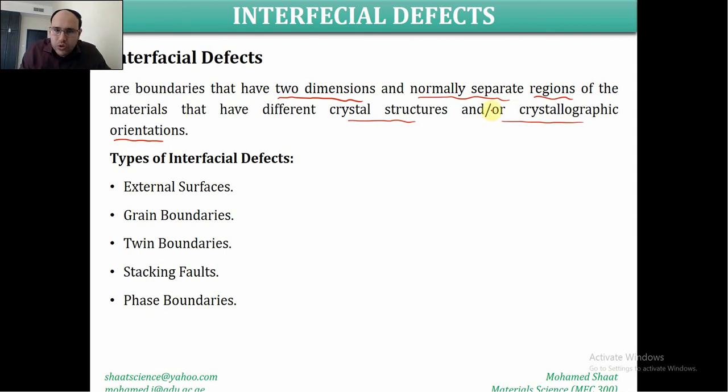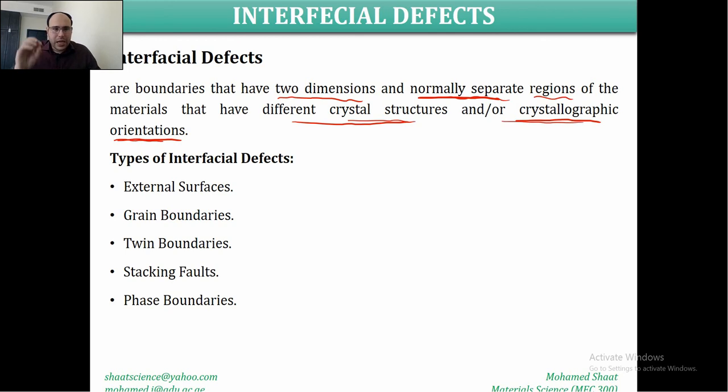So it is mainly used to separate two regions or two parts or two crystals within the material, whether these two crystals have the same crystal structure or two different crystal structures. But if they do have the same crystal structure, definitely they're going to have different crystallographic orientations, and we're going to discuss this crystallographic orientation and how we can define it.